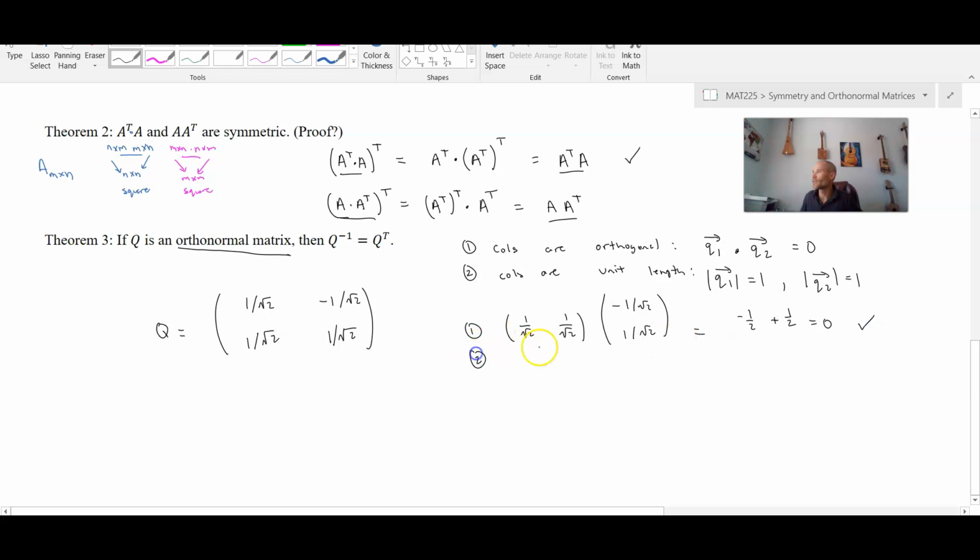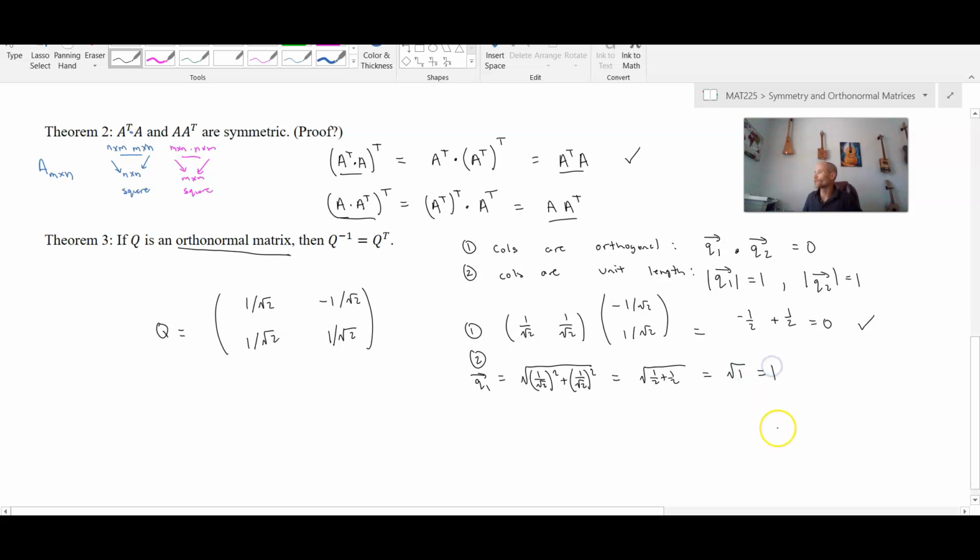And the second condition is that I have to check that the magnitude of each of these vectors is equal to 1. So the magnitude of Q1 is the square root of the sum of the components squared. And that's going to equal the square root of 1/2 plus 1/2, and 1/2 plus 1/2 is 1.